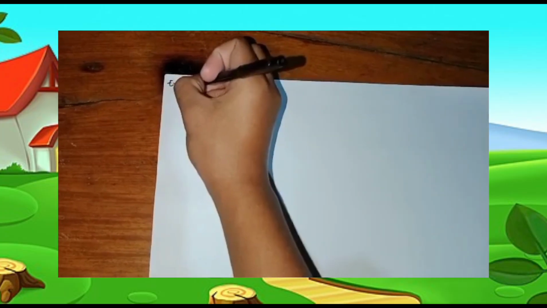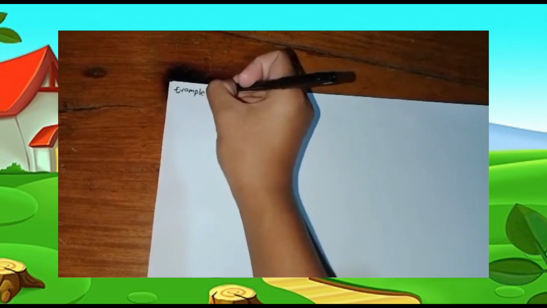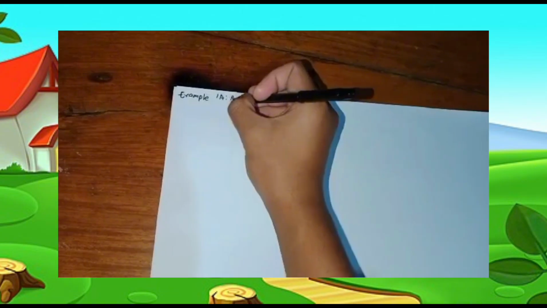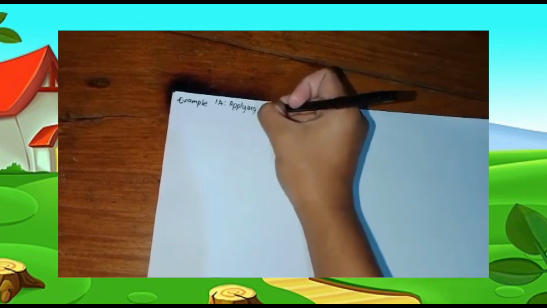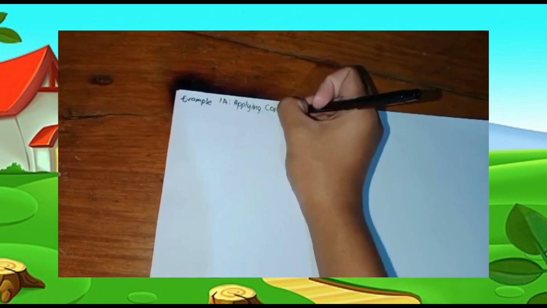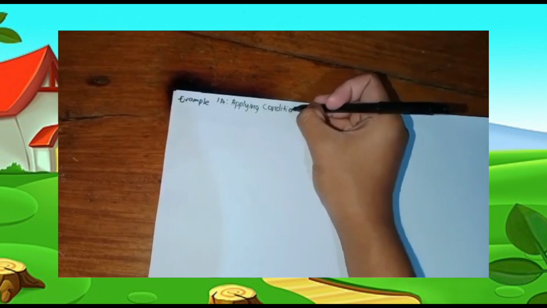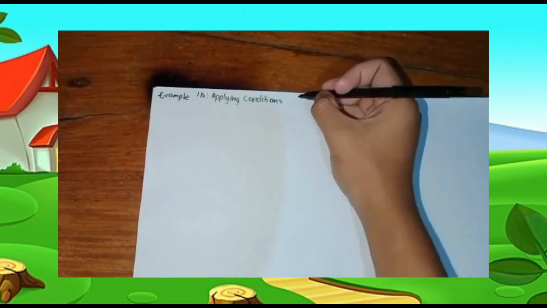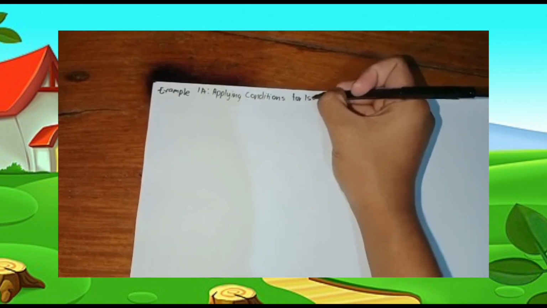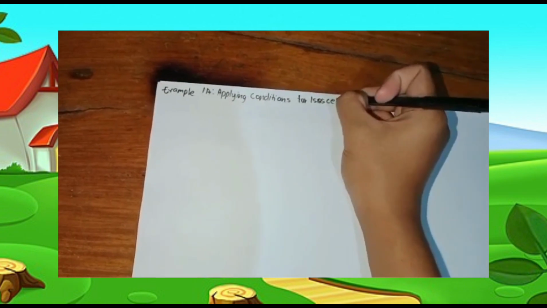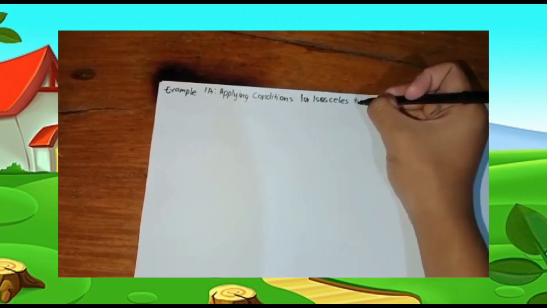Example 1A. Applying conditions for isosceles trapezoid.